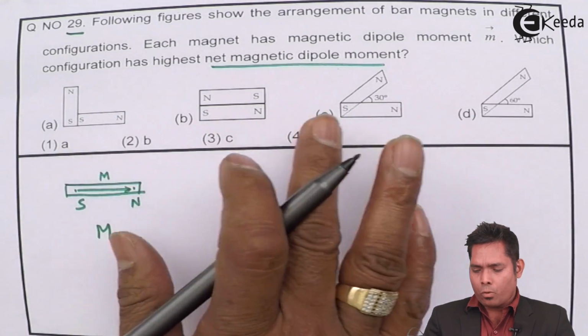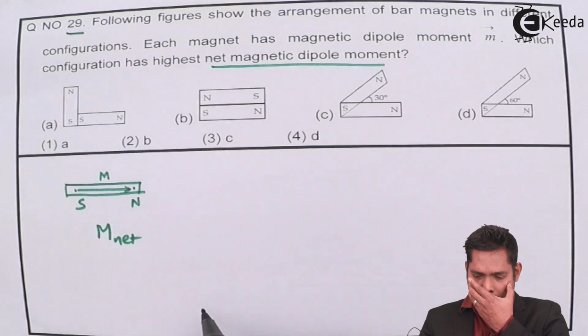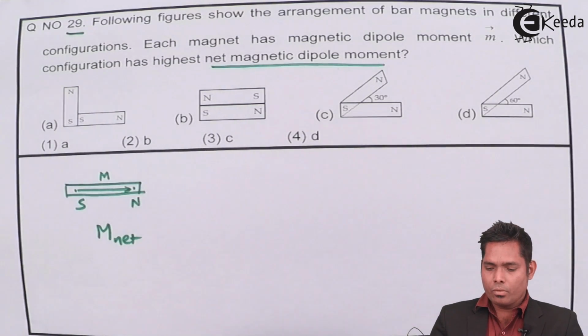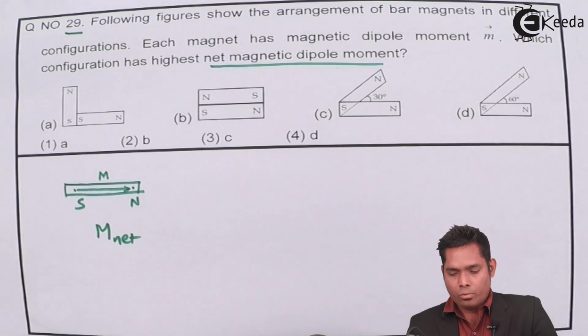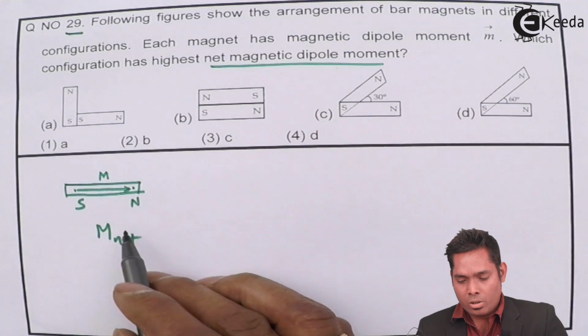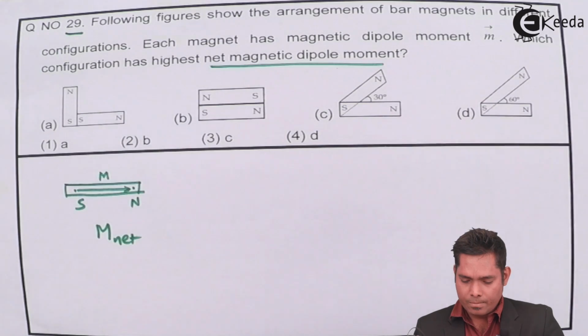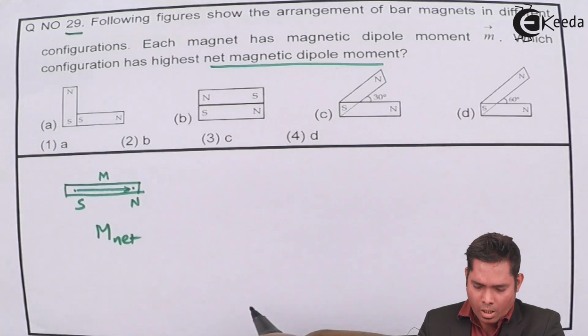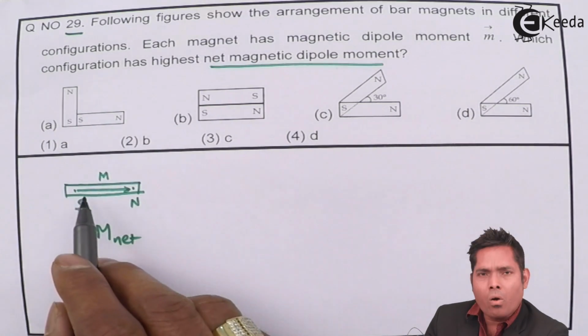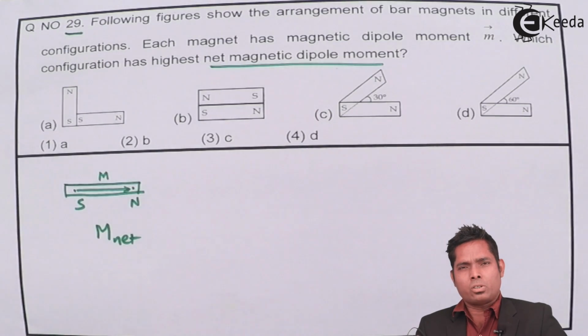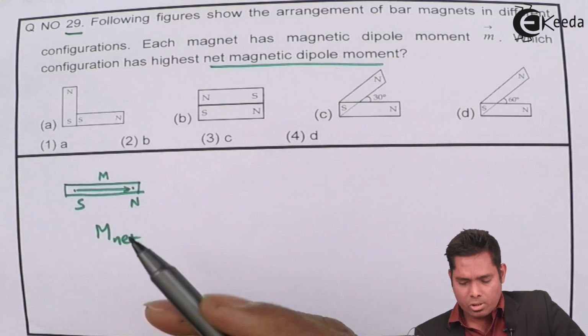We have got 4 situations and we have to find the maximum value of M net, in whichever configuration provides it. Now, the direction of the dipole moment is always from south pole to north pole inside the magnet.